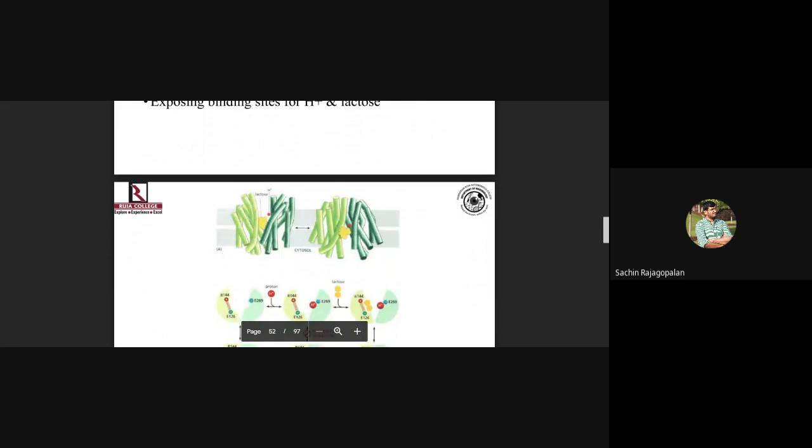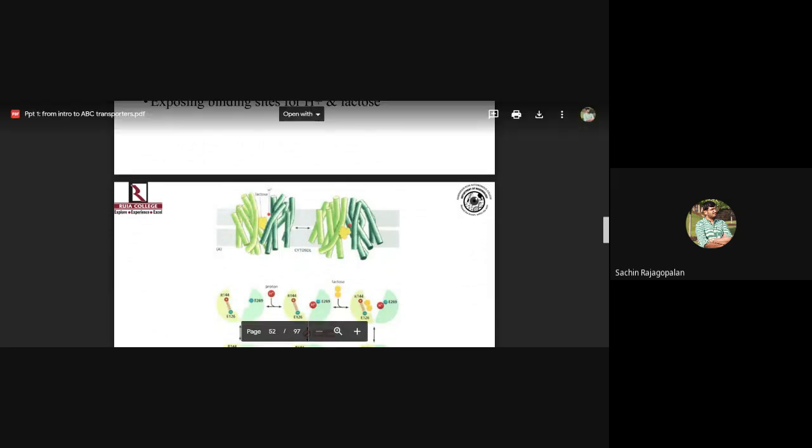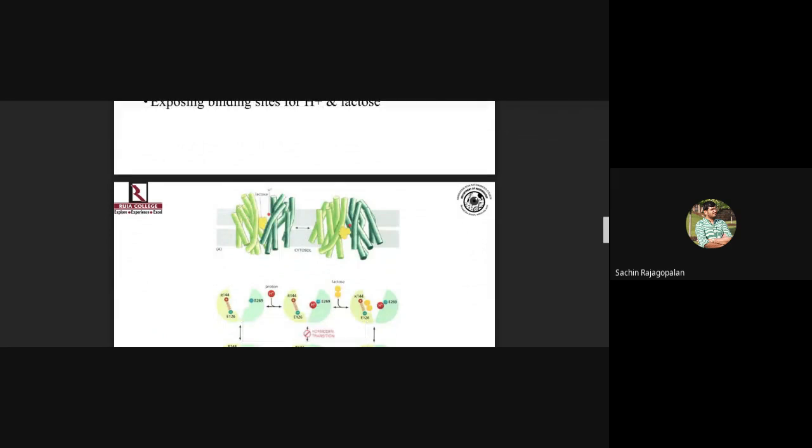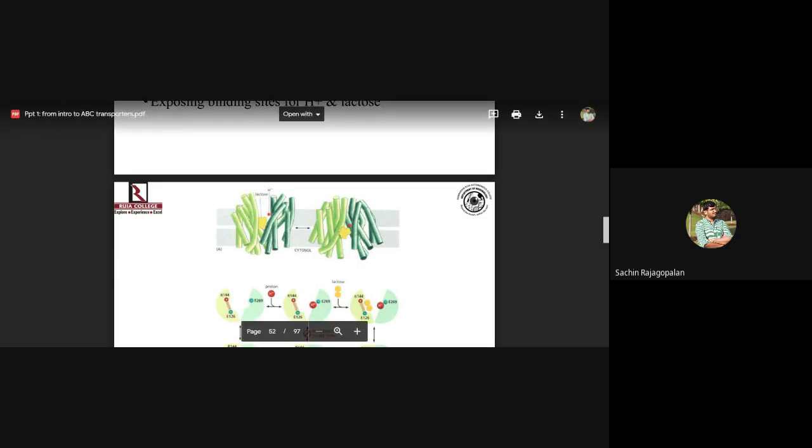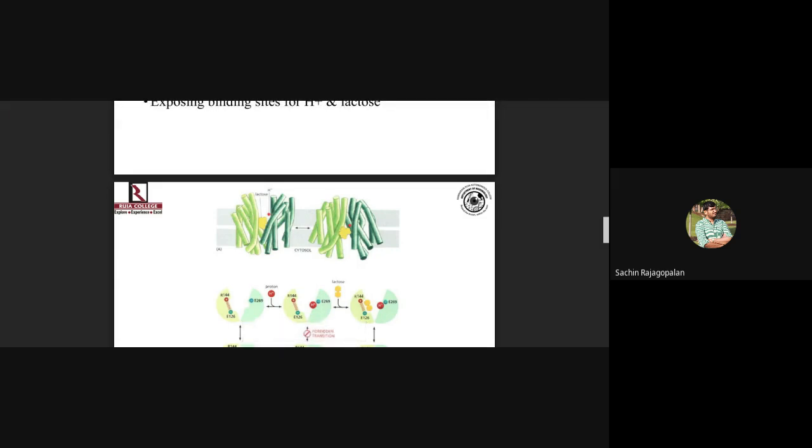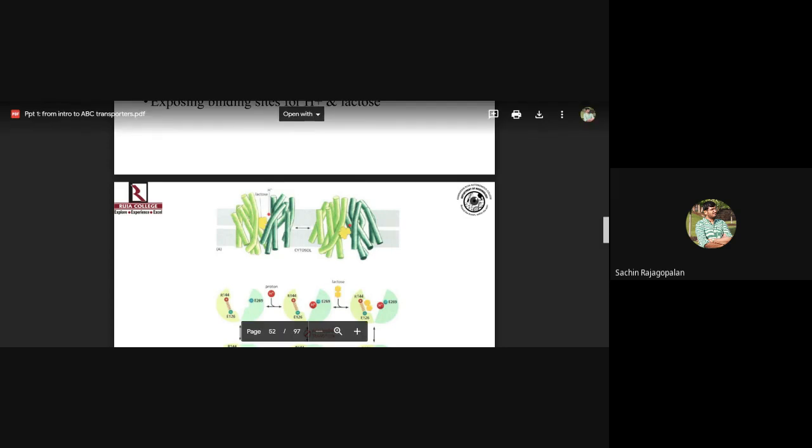So if you see the structure over here, these are the 12 helices that you see. There is a spot for the proton and lactose to come and bind because it's a co-transport. And you can see that once both of them attach, how they just slide a little to open in the opposite direction so that this can be transported.